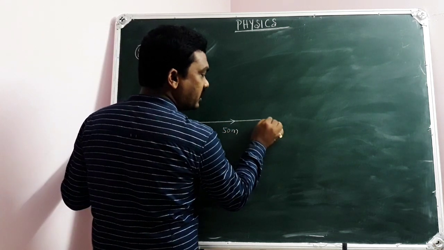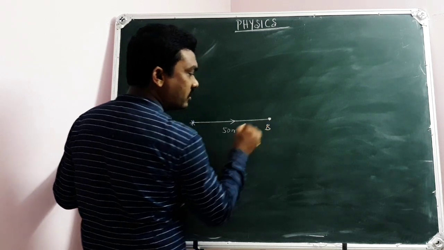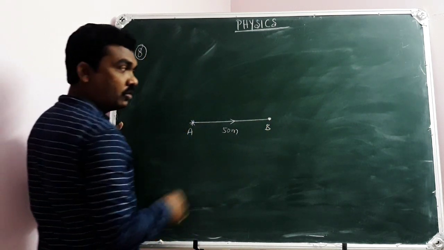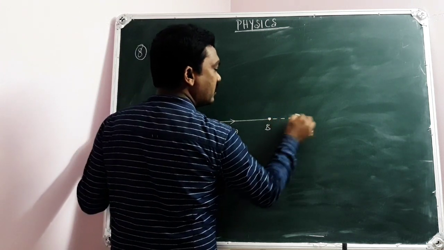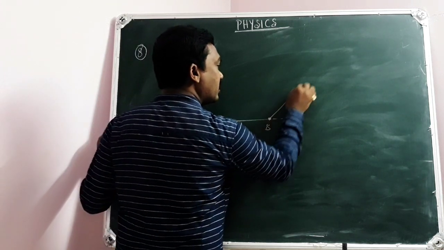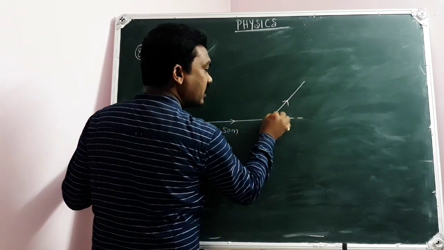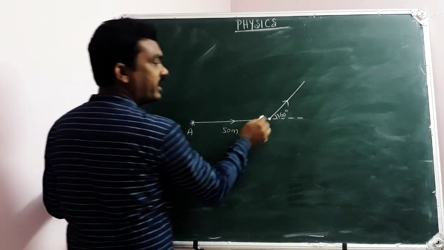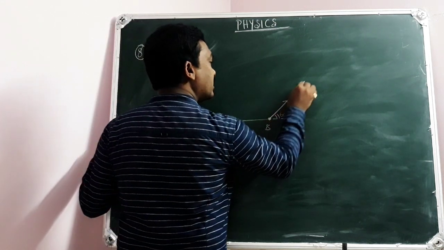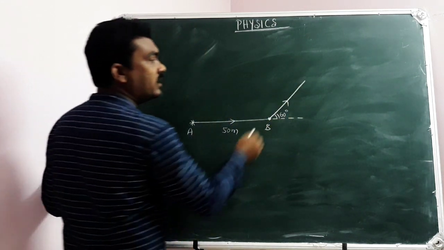Then from this point he takes a left turn through an angle of 60 degrees. So this is the actual path, but taking a left turn through what angle? 60 degrees.